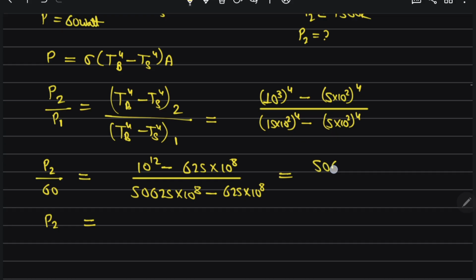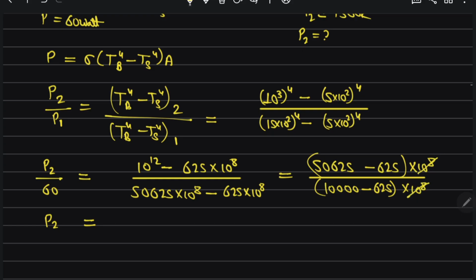So 50625 minus 625 into 10 to the power 8, which is 50,000 divided by 10,000 minus 625, that is 9375.